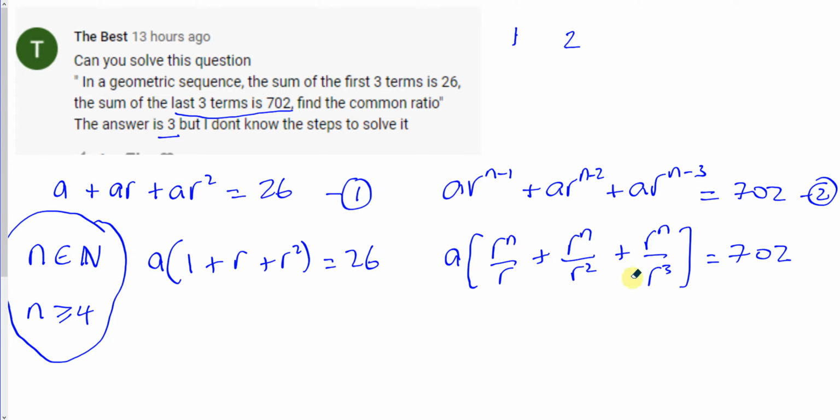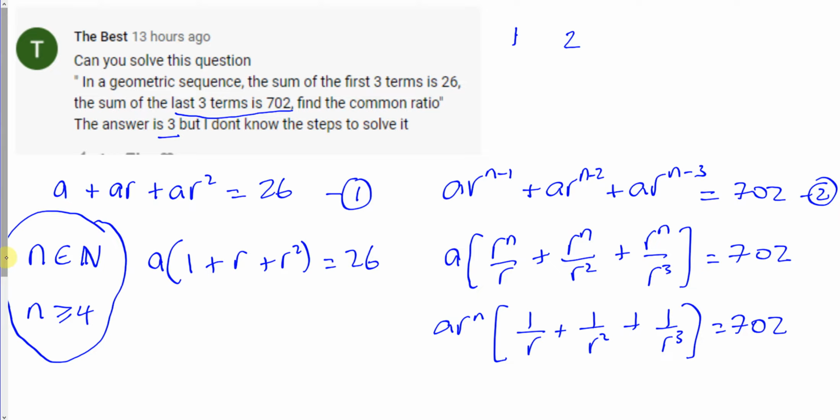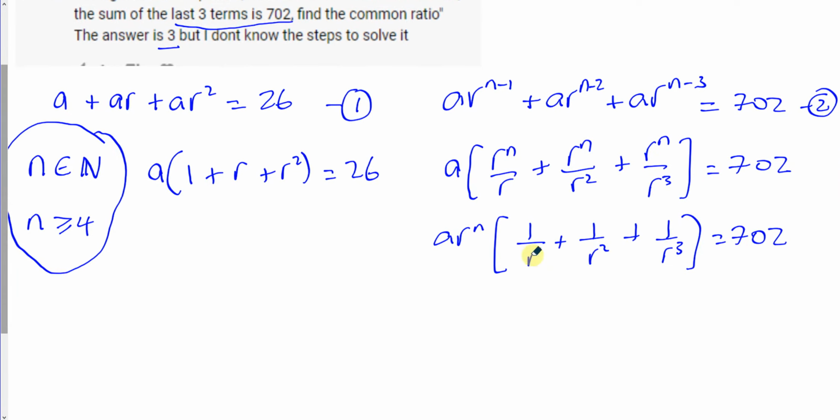Now I can simplify this a bit further by taking out r to the power of n as common. Then I've got 1 over r plus 1 over r squared plus 1 over r cubed, and I've got 702. And now I can combine this together into one fraction.